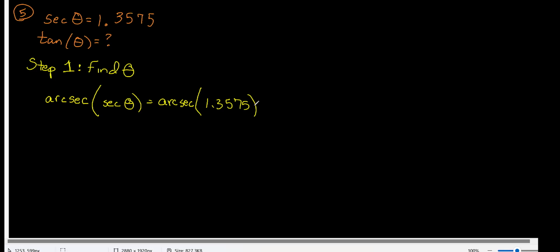So when we do the arc secant of secant, we just get theta. Those are inverse operations, so we get theta.